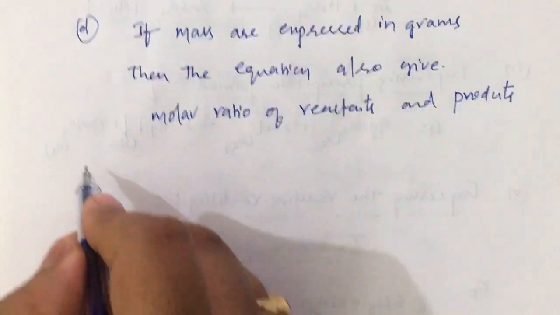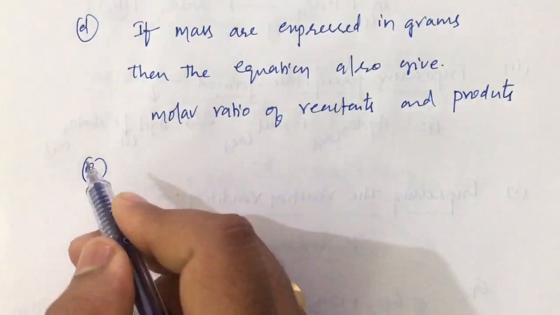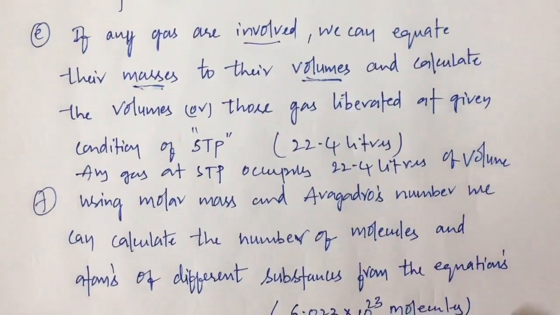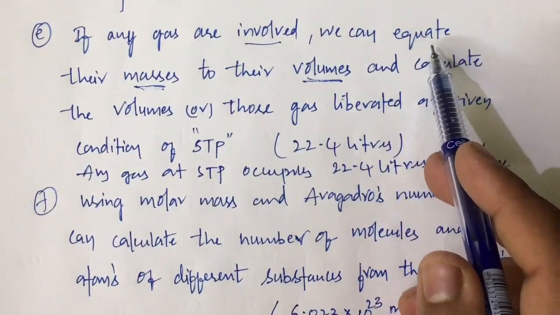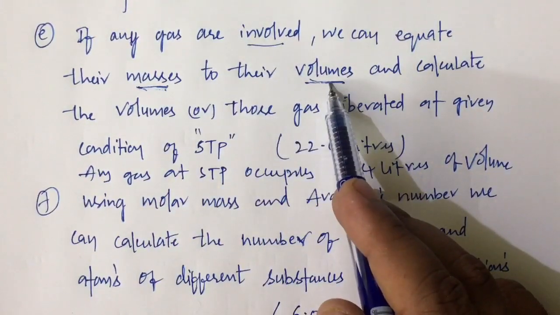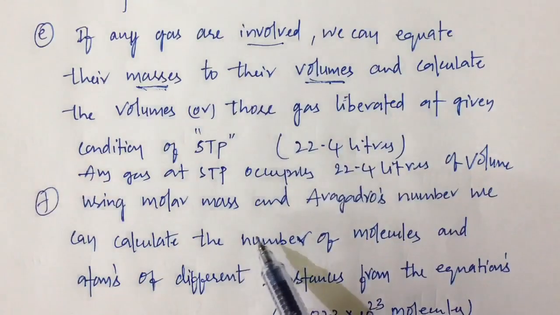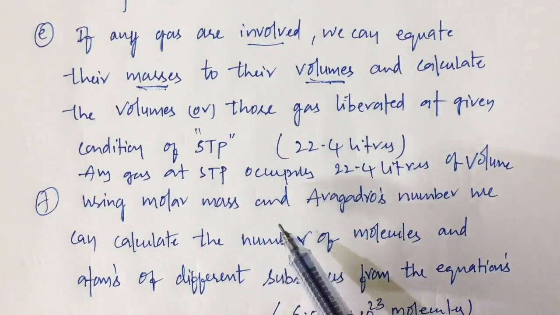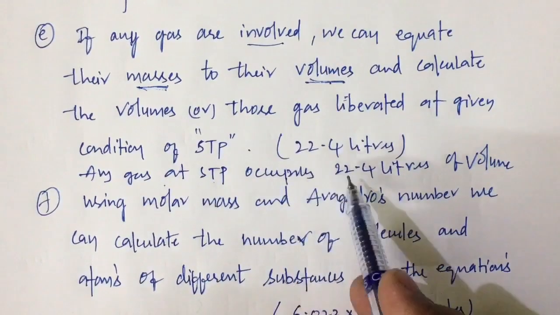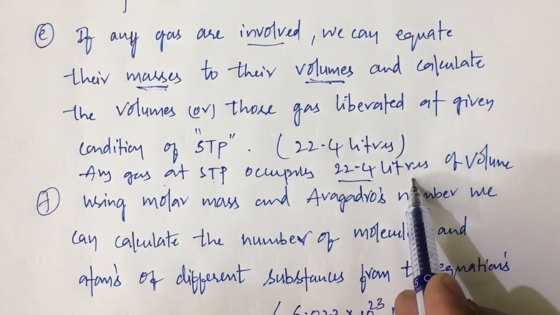Now the next point, in a chemical equation, if any gases are involved in a chemical reaction, we can equate their masses to their volume, and we can calculate the volume of those gases which are liberated at STP. Any gas at STP occupies 22.4 liters of volume.